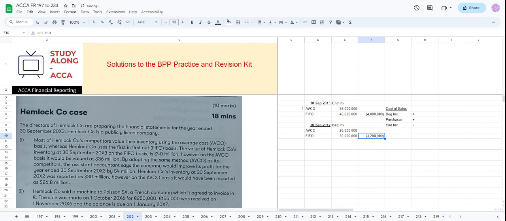So this is fact one. Let's read the second one. Here, if you want to understand what happened with the cost of sales, purchases are neutral, no changes, you can make it 0. But beginning inventory decreased by 3.2 million.